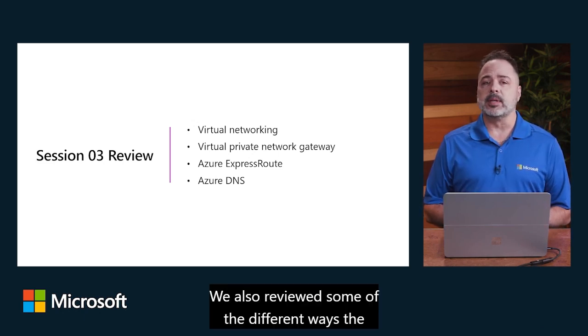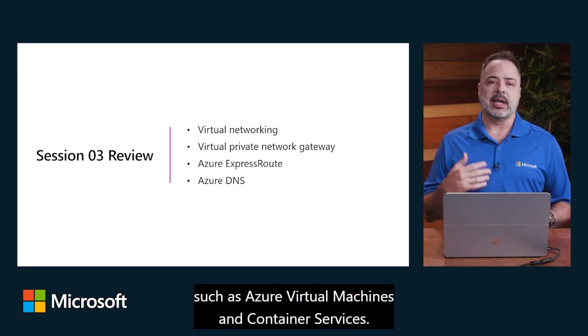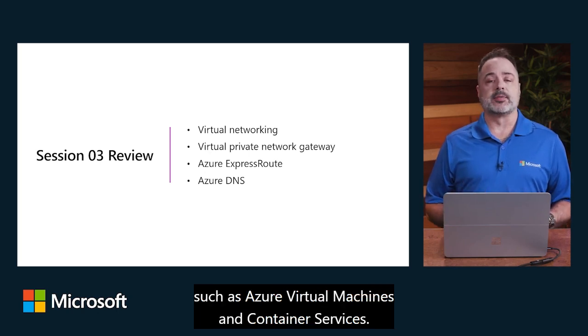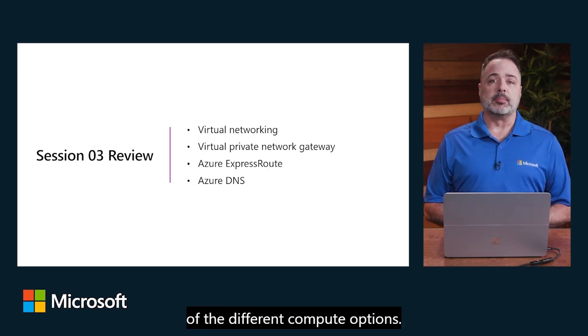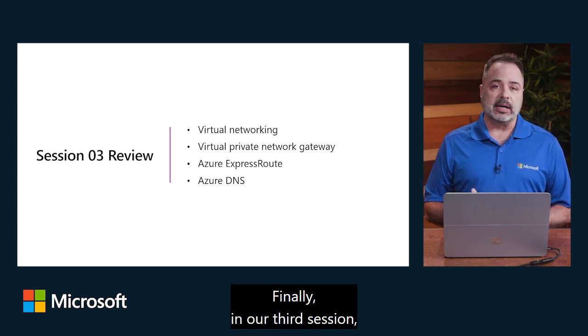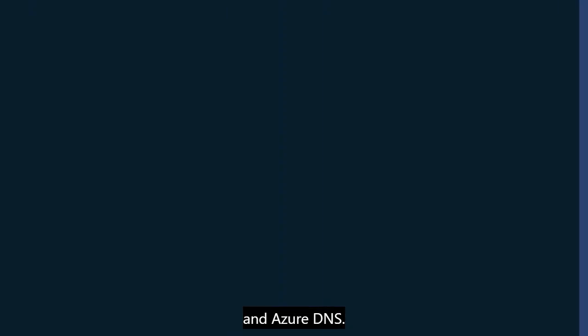We also reviewed some of the different ways the compute is implemented within Azure, such as Azure Virtual Machines and container services. We also spent some time on comparing some of the different compute options. And then finally, in our third session, we covered virtual networking, including VPNs, ExpressRoute, and Azure DNS.